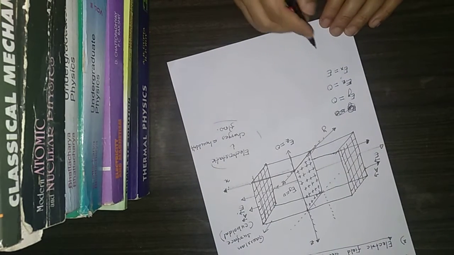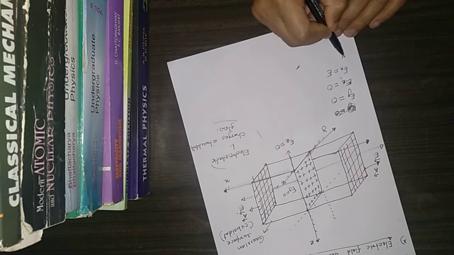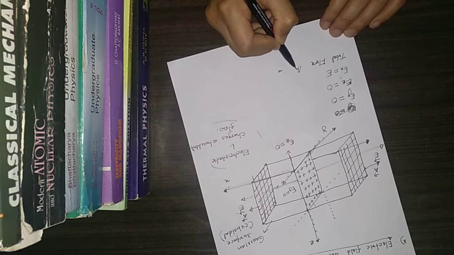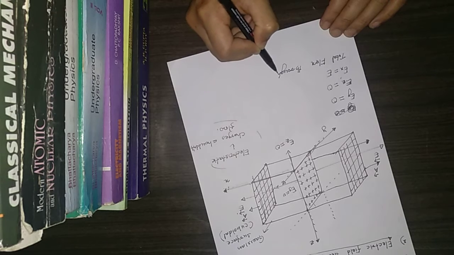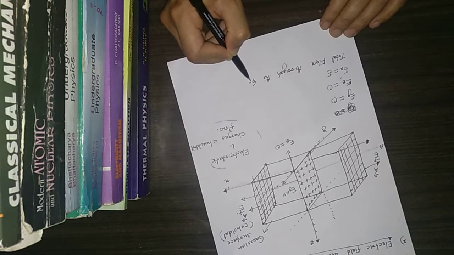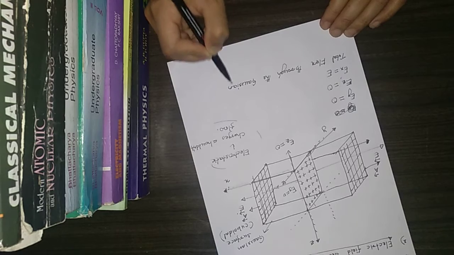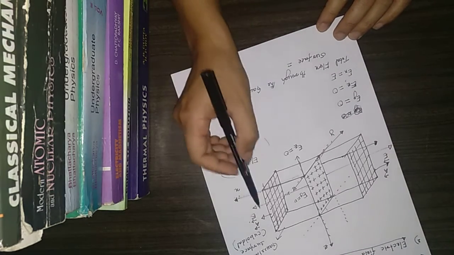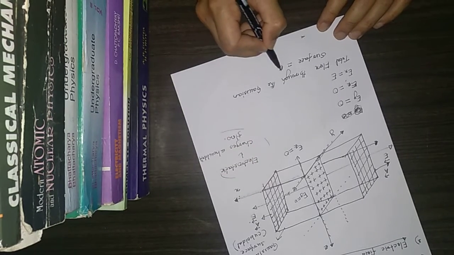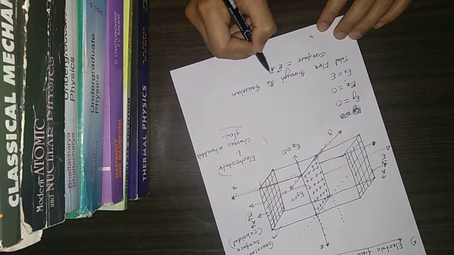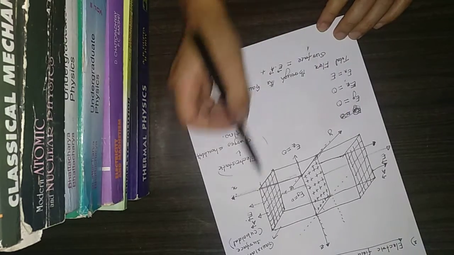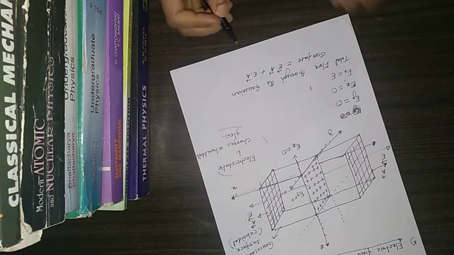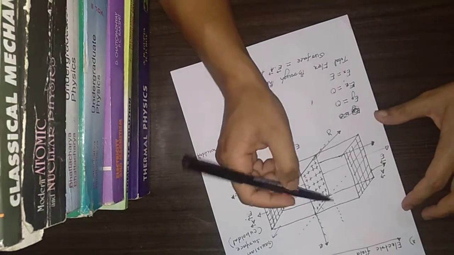Hence the total flux through the Gaussian surface will be equal to this E dot A plus this E dot A, and there will be no contribution from the other surfaces.